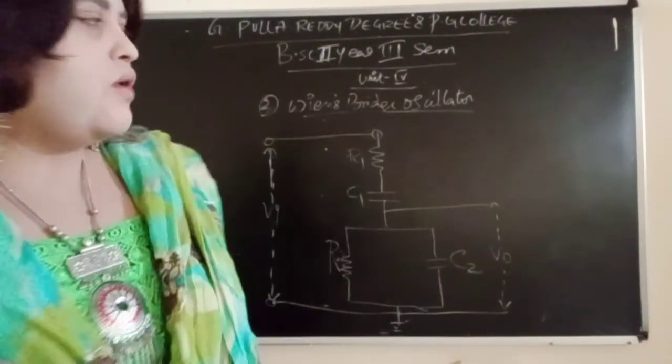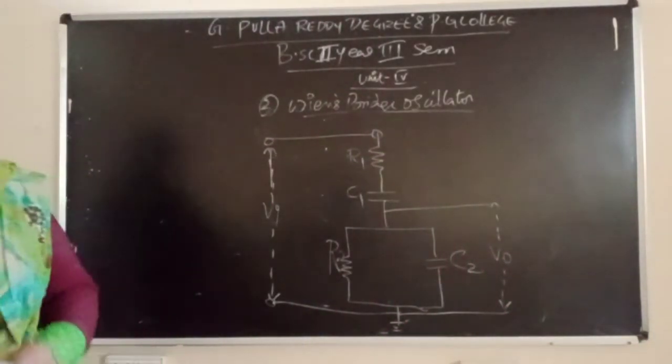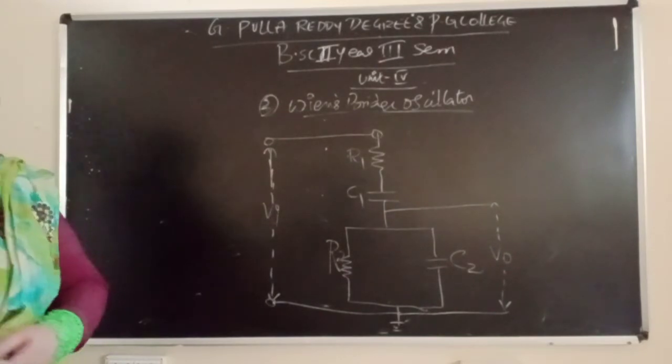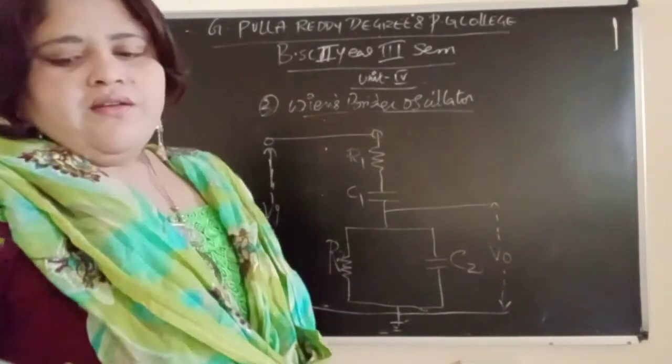After drawing, you have to write the description of this. Before connecting this feedback to your main circuit, we have to know perfectly what we are getting. We should get the gain of the network, so you should be perfect with the gain of the network.